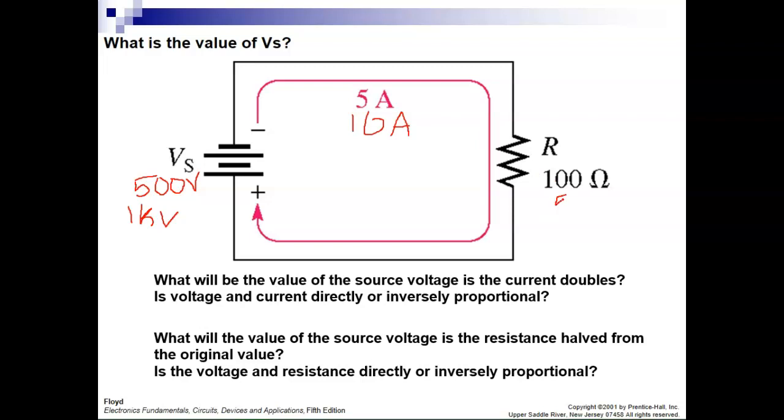If instead of having 100 ohms, I only had 50 at 5 amps, what would my voltage be then? It would be 250 volts. So are they directly or inversely proportional? They're directly proportional.